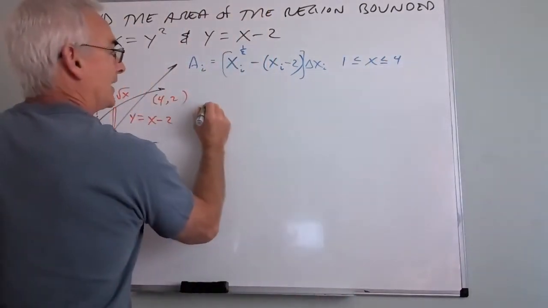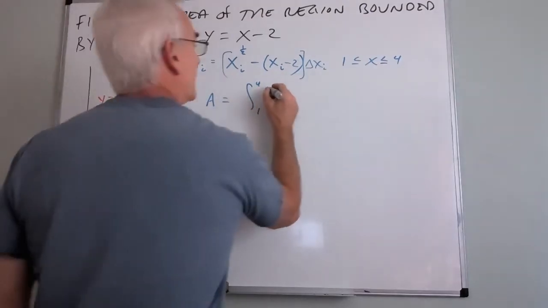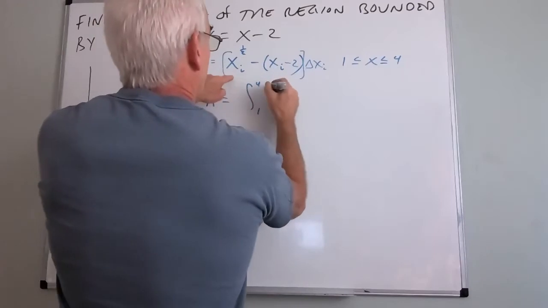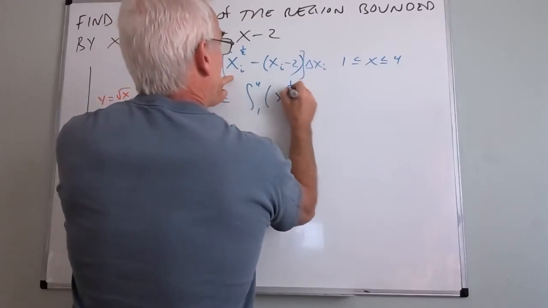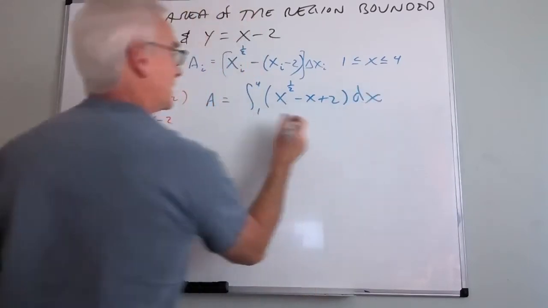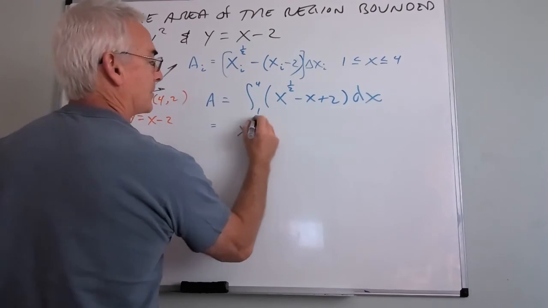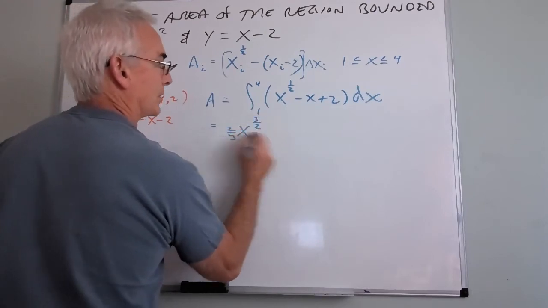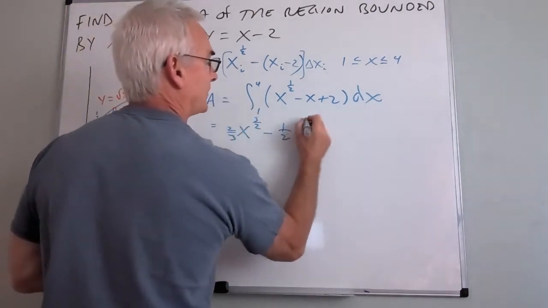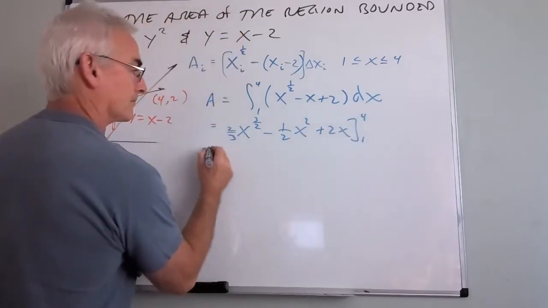So this area here will be the integral from 1 to 4 of, now we'll go ahead and distribute, x to the 1/2 minus x plus 2 dx. Okay, let's go ahead and finish this. That would be x to the 3/2 times 2/3 minus 1/2 x squared plus 2x from 1 to 4.